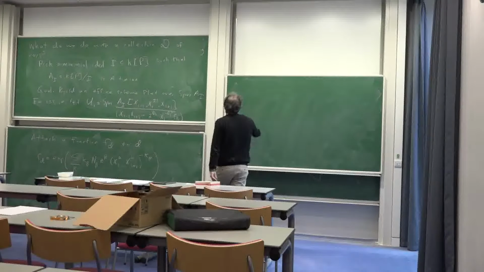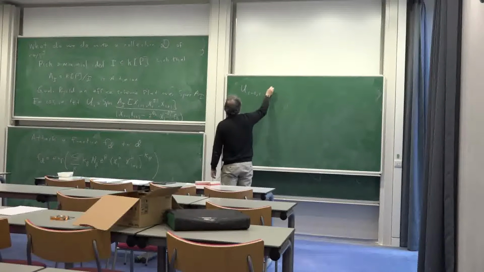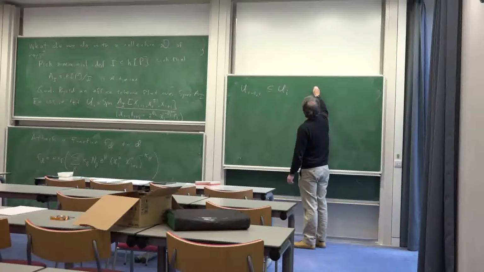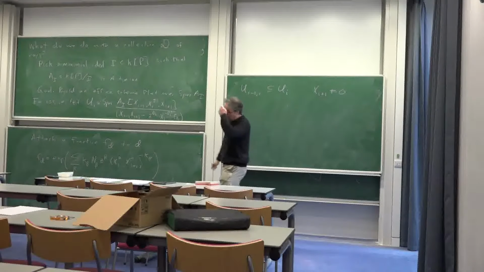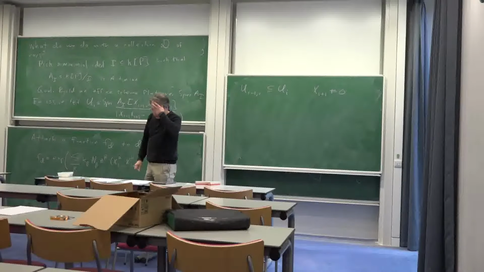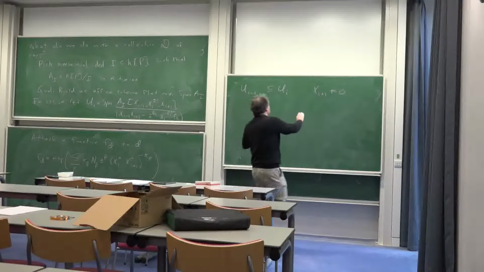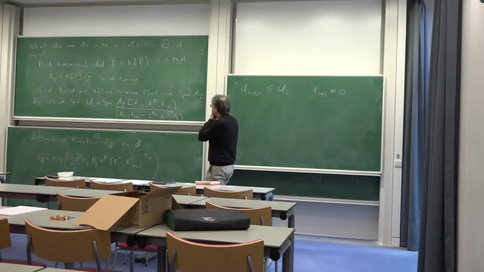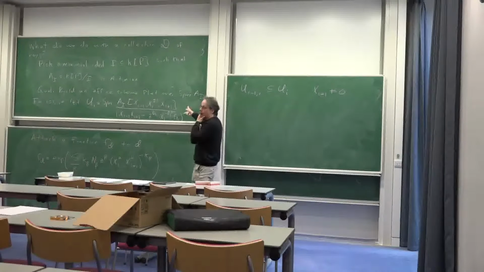So these things have some canonical open sets. If U_{i,i-1} contained in U_i is the locus where x_{i-1} is non-zero, so what do I mean? You just localize this ring at x_{i-1}.